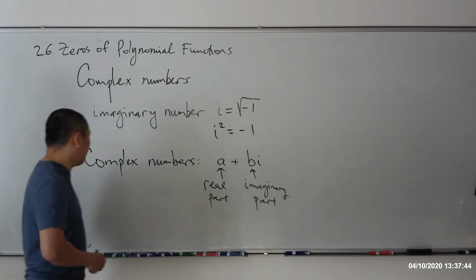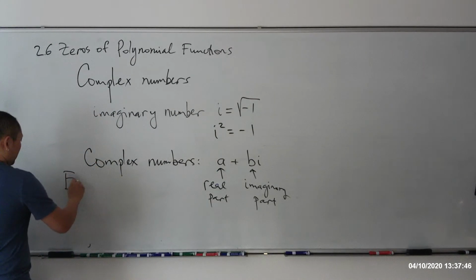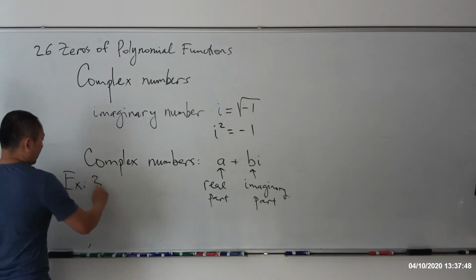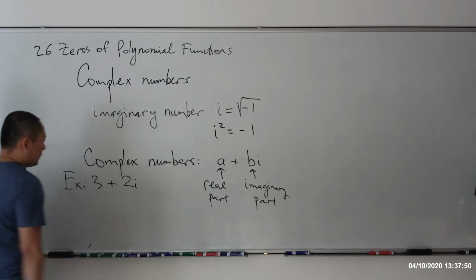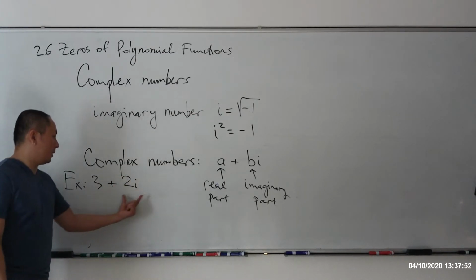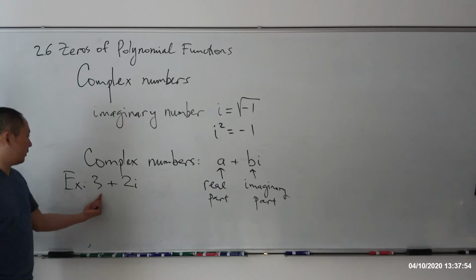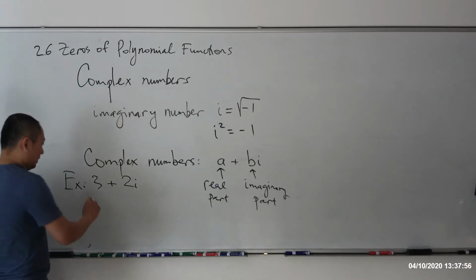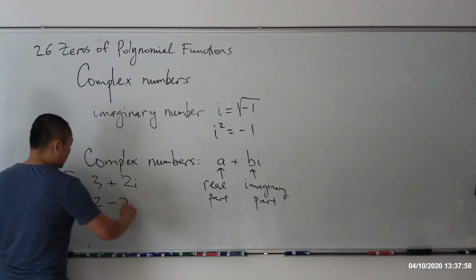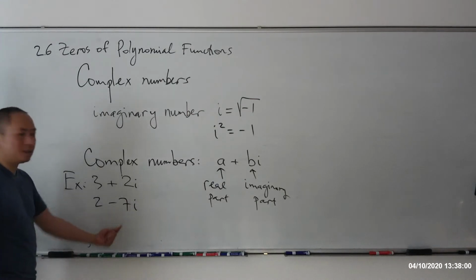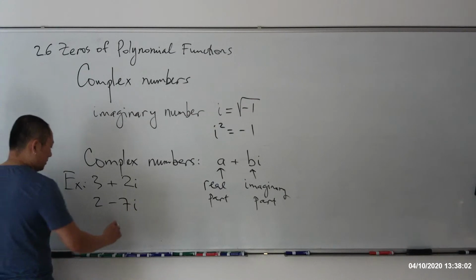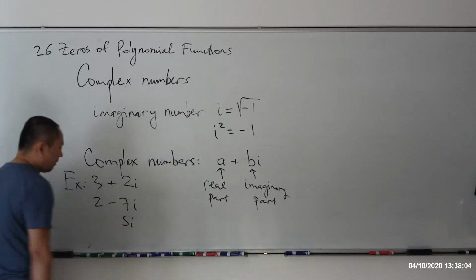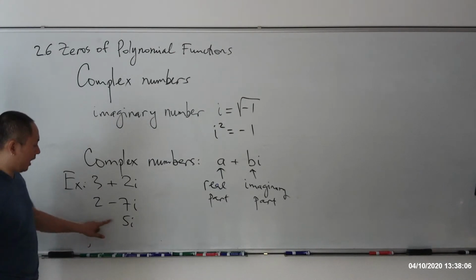Okay. Example: you have, say, 3 plus 2i. So a is 3 and b is 2. A plus bi, 3 plus 2i. Or 2 minus 7i. So a is 2 and b is -7. How about just 5i? That means what? 0 for a and 5 for b.